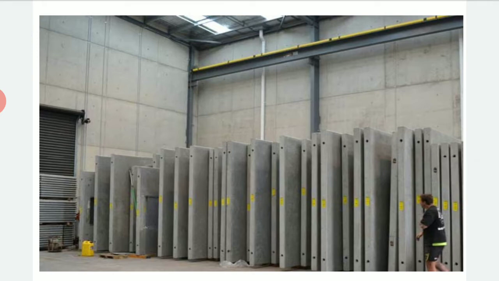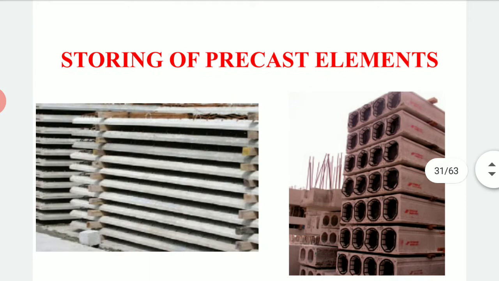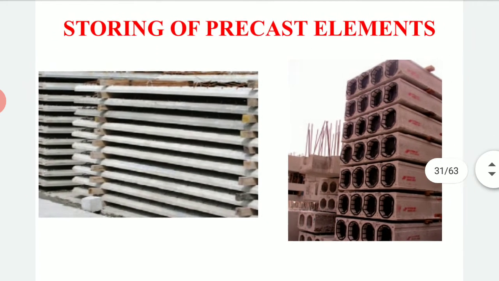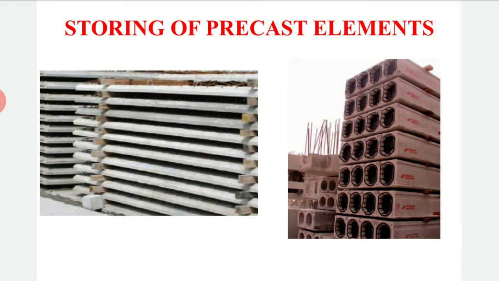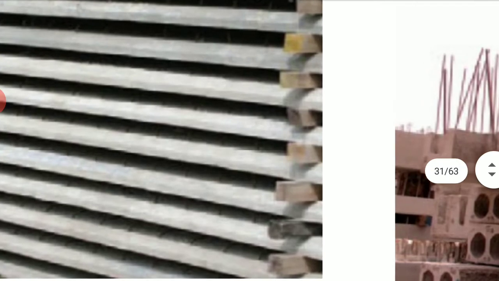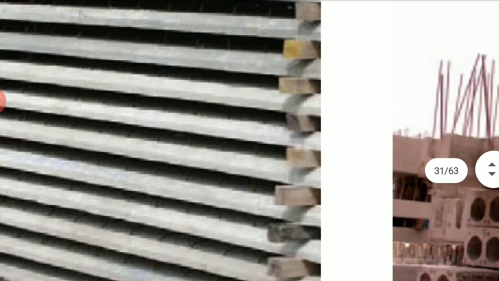Before delivering to the required location, the elements are stored in proper places, such that no cracks should develop in the storing yards, right? So this is the storing of precast elements. You can see how they have been stored, and even how the wooden battens have been placed between one member and the other member.